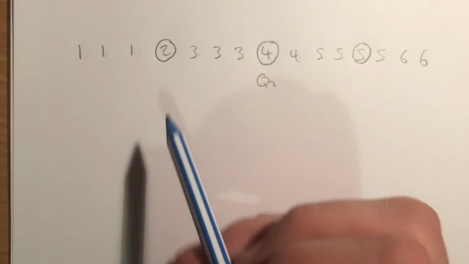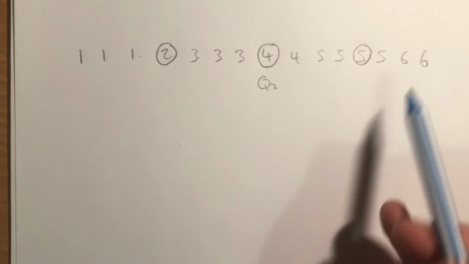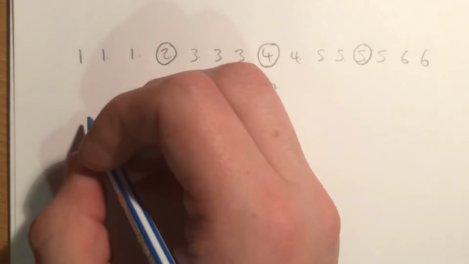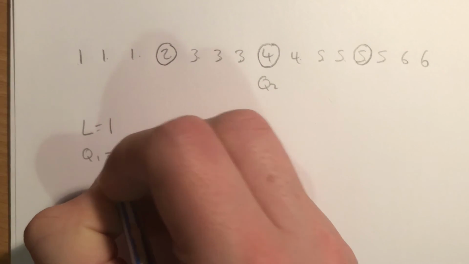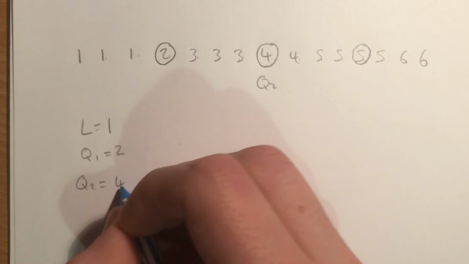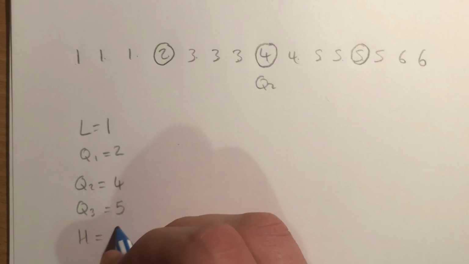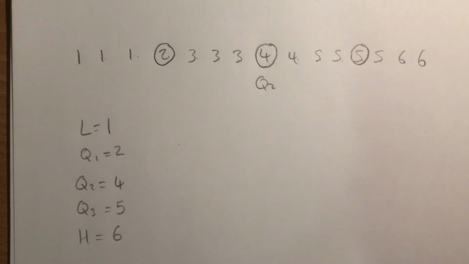You notice we said it's split into 4 equal pieces, each containing 3 numbers. So our 5-figure summary: lowest is 1, Q1 is equal to 2, Q2 is equal to 4, Q3 is equal to 5, and our highest number is 6. And there you have it.